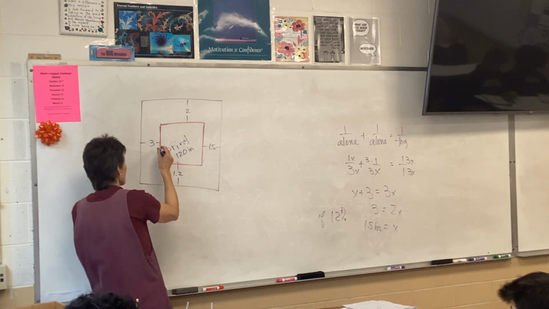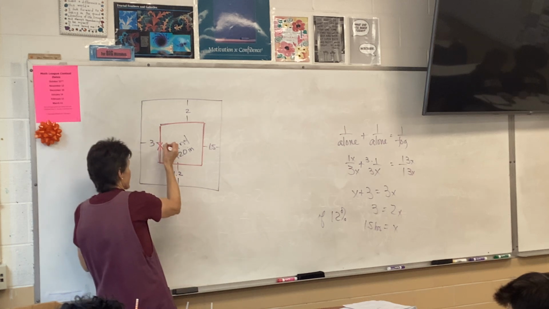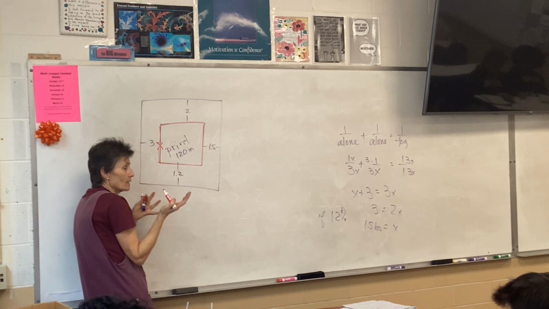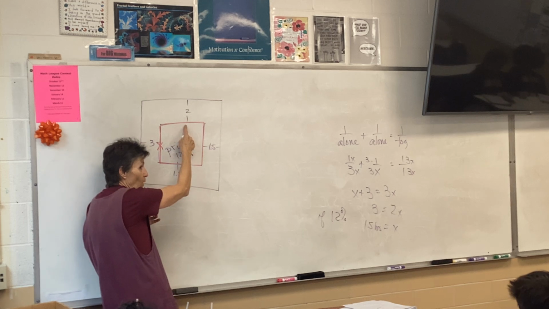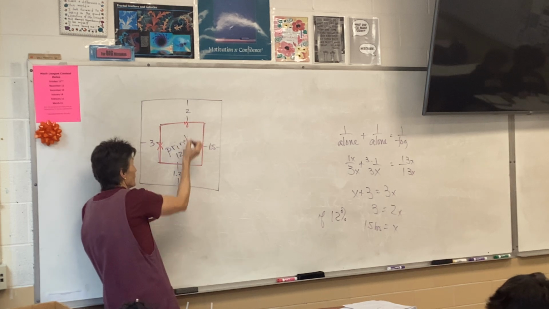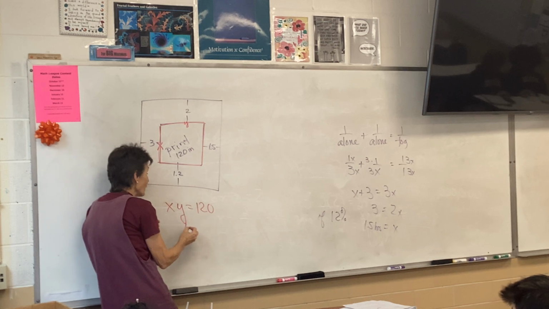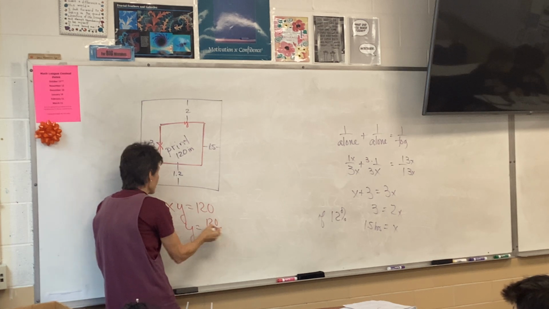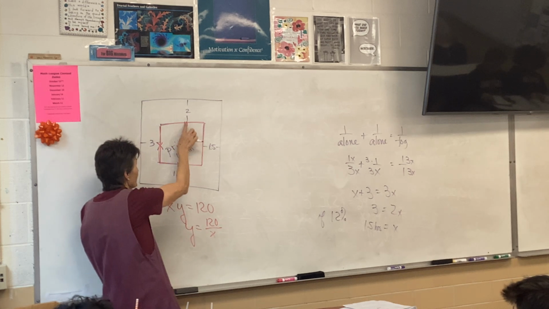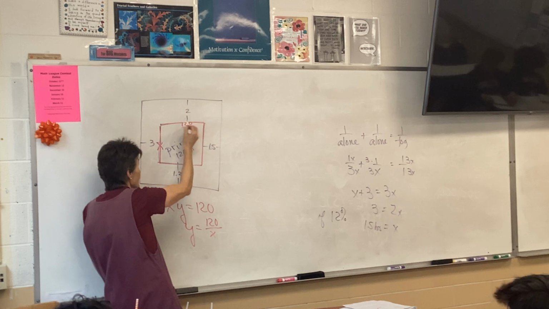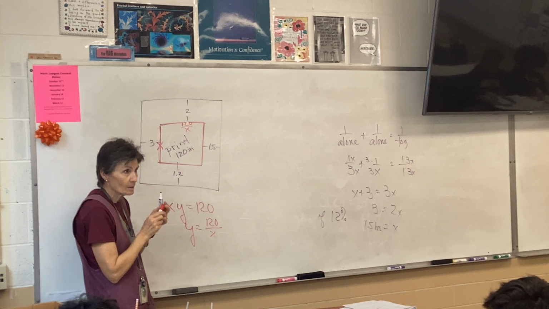So if I call this one X, then you can temporarily call that one Y if you want. So X times Y is 120. But what does that make my Y then? Because I really don't want to use Y. So that one would be 120 over X. Does that make sense to you?